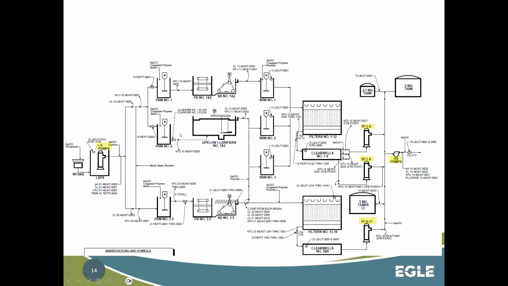This is your clarifier with a rapid mix, your coagulation, your mixing going on here with all 3 trains. Your flocculation is happening and settling out within these clarifiers. From there, we're going into this, your primary settling.